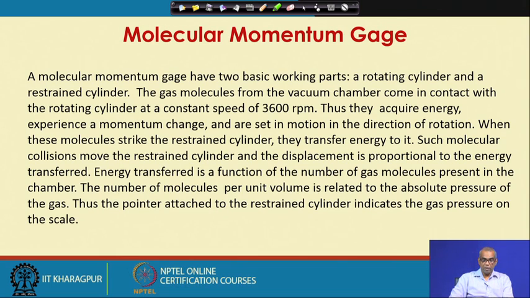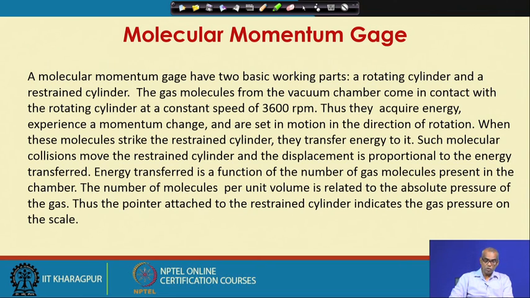A molecular momentum gauge has two basic working parts, a rotating cylinder and a restraint cylinder. The gas molecules from the vacuum chamber come in contact with the rotating cylinder at a constant speed of 3600 rpm. Thus, they acquire energy, experience a momentum change and are set in motion in the direction of rotation.